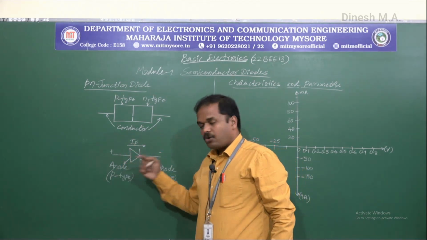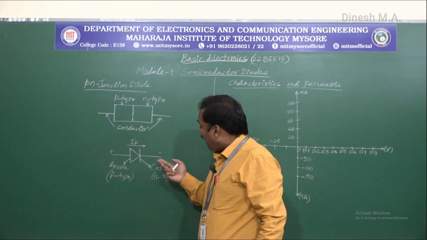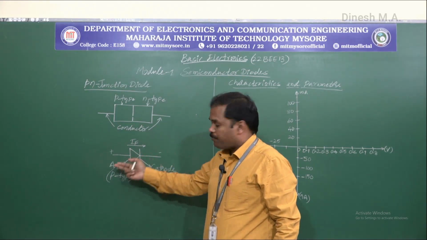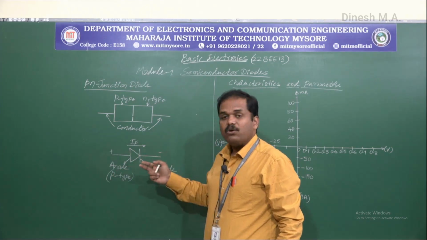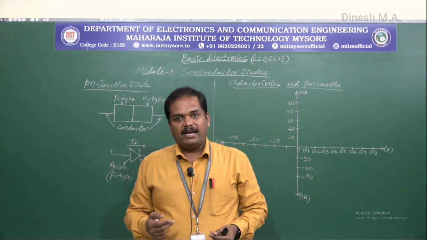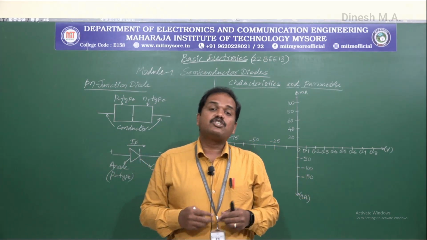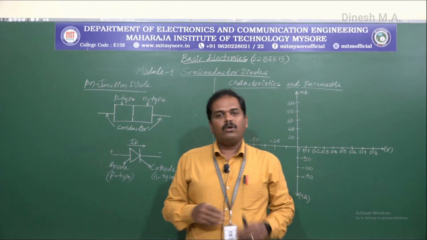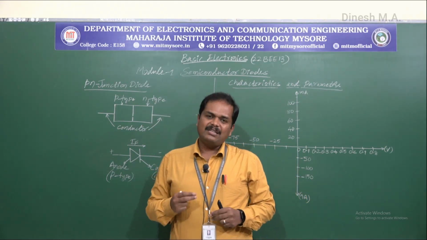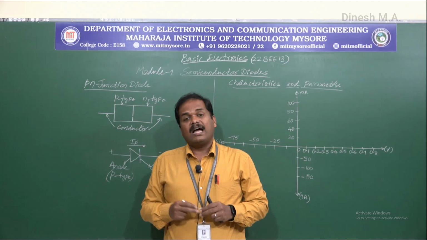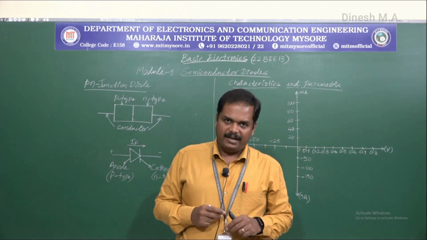When the polarities are reversed, or when the cathode becomes positive with respect to the anode, then the diode is said to be reverse biased, where almost zero current would be flowing through the diode. And this current is called the reverse saturation current.